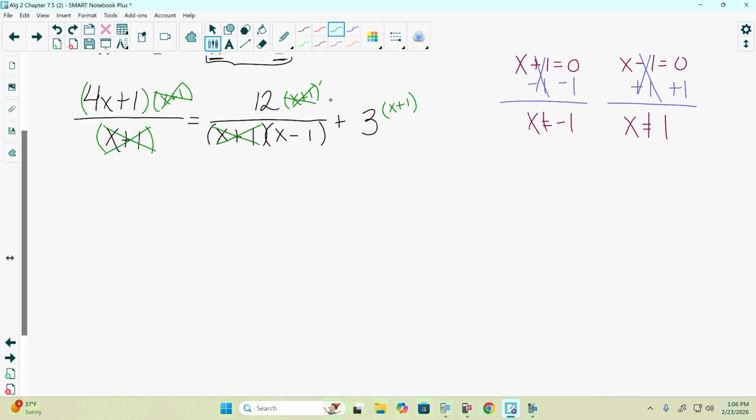But since not all the denominators are simplified, we still have an x minus 1 in our middle term. It means that we're going to have to multiply all 3 terms by x minus 1 also. So we had to multiply everything, all 3 terms, by x plus 1 and x minus 1.